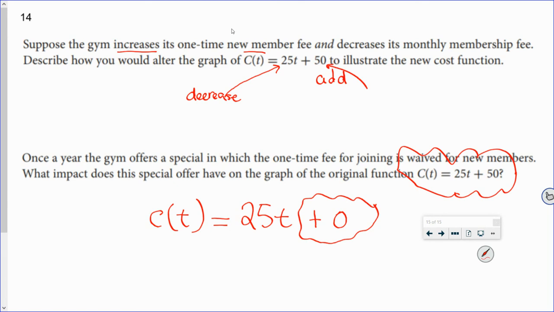So how does it affect that function? We no longer move the function up by 50 places. We just leave it at 0. So my one-time special offer without an initial fee would just be C of t is equal to 25t.